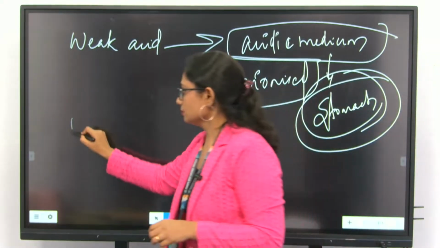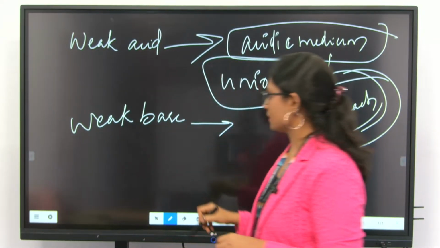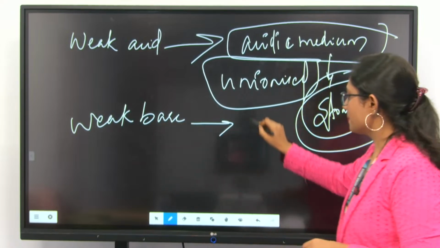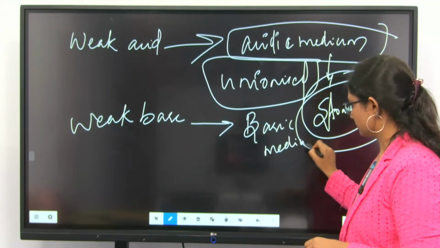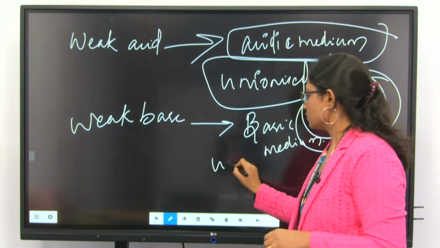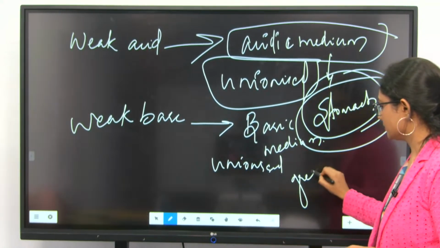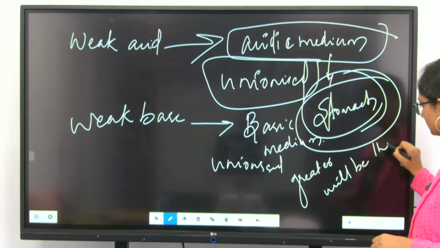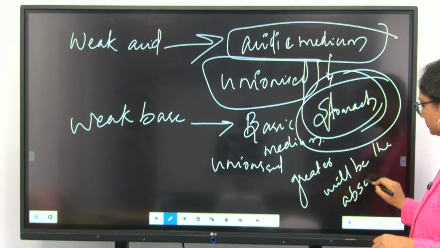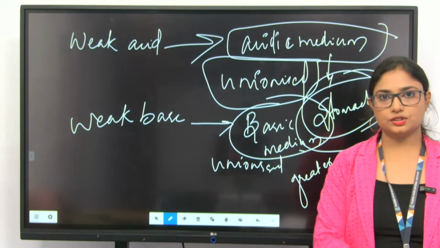Now, in case of weak base, same thing. Weak base in basic medium will be unionized, and greater will be the absorption. So which is the basic medium in the GI tract?